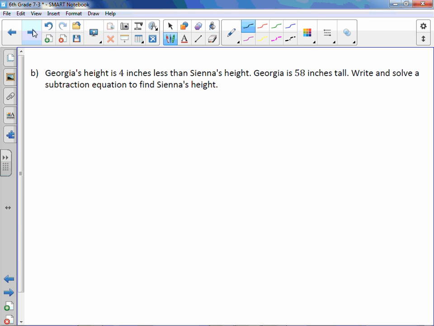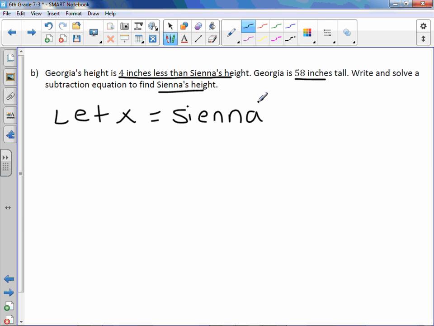Georgia's height is 4 inches less than Sienna's height. Georgia is 58 inches tall. Write and solve a subtraction equation to find Sienna's height. So let x equal Sienna's height. And you can use any variable that you wish.